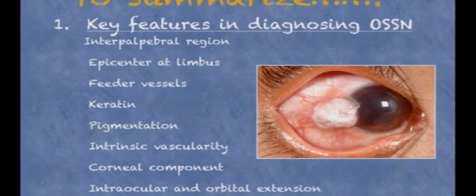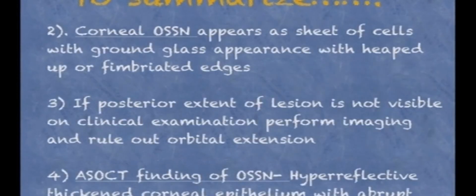Rule out intraocular and orbital extension, and rule out any regional lymphadenopathy. Corneal OSSNs appear as a sheet of cells with ground glass appearance with heaped up or fimbriated edges, so please don't miss them. If the posterior extent of any lesion is not visible on clinical examination, please go ahead and perform imaging to rule out an orbital extension.